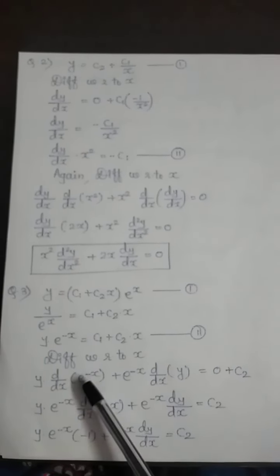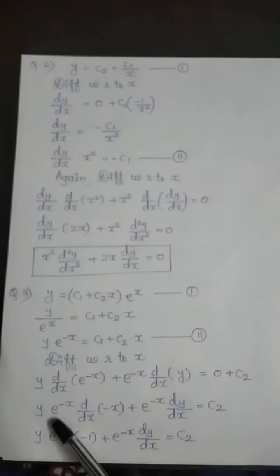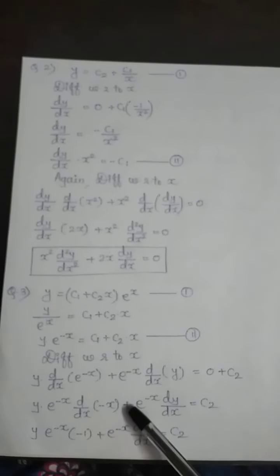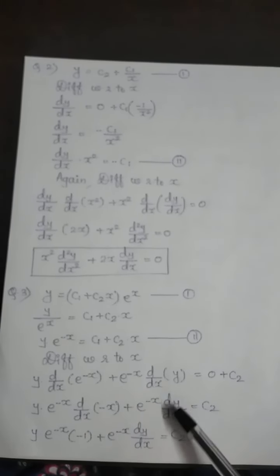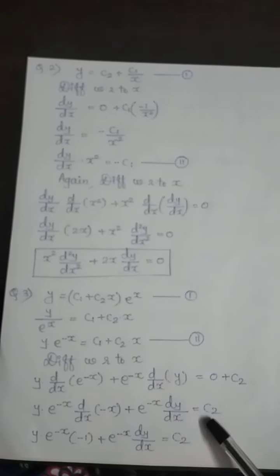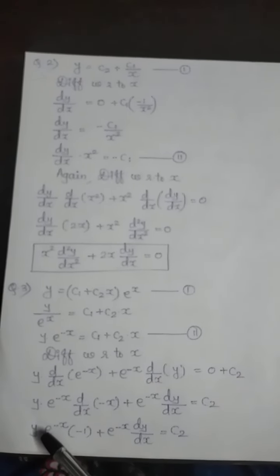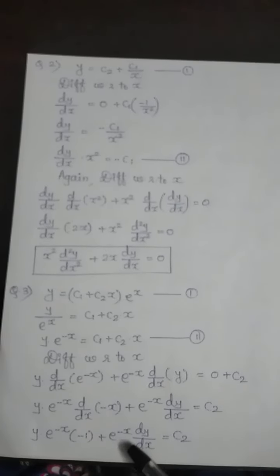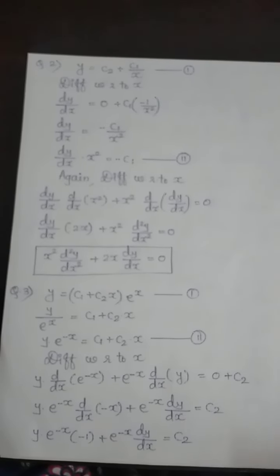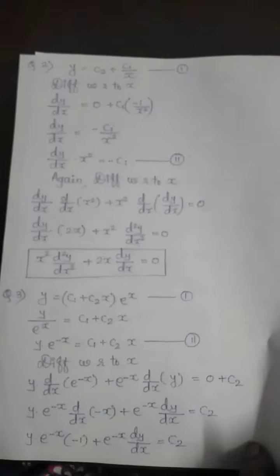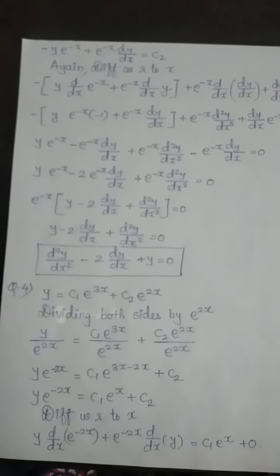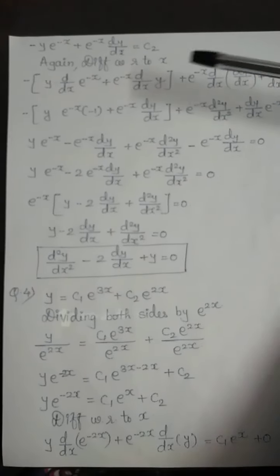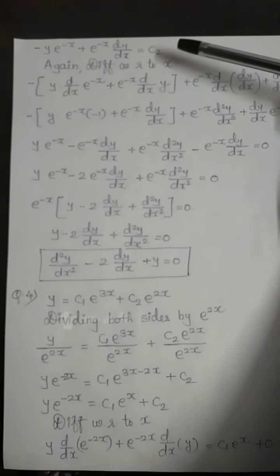So y as it is, derivative of e raised to minus x as e raised to minus x into derivative of minus x, plus e raised to minus x into derivative of y, that is dy by dx, is equal to c2. So we have y e raised to minus x into minus 1 plus e raised to minus x into dy by dx is equal to c2. After simplification, we will get minus y e raised to minus x plus e raised to minus x dy by dx is equal to c2.